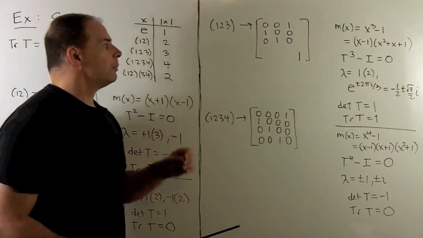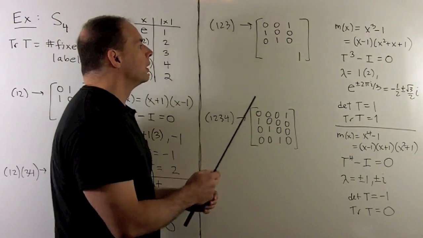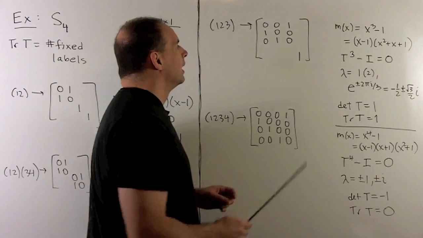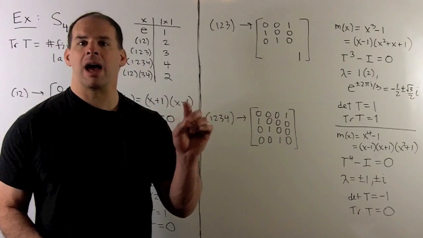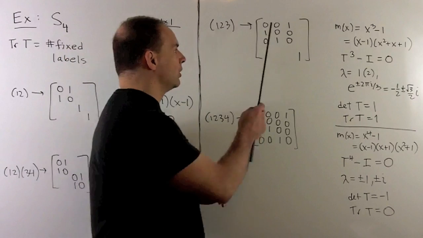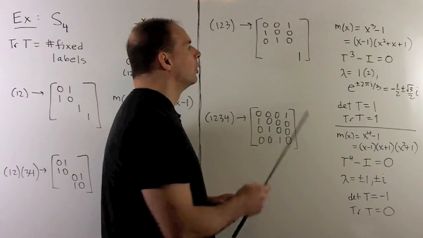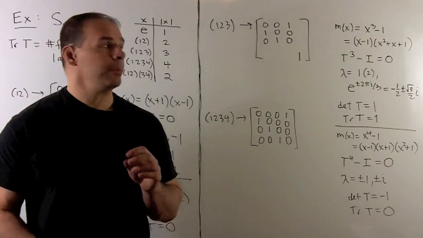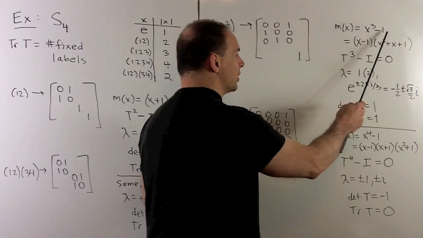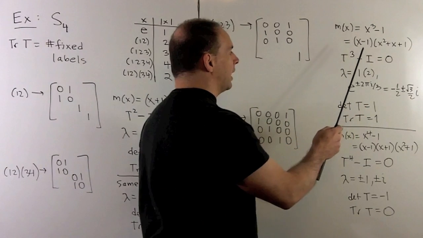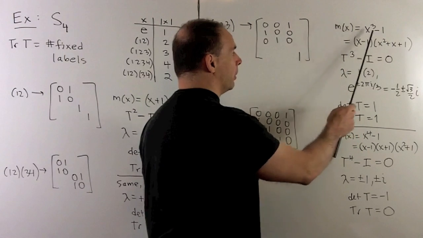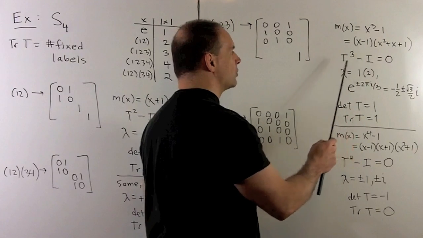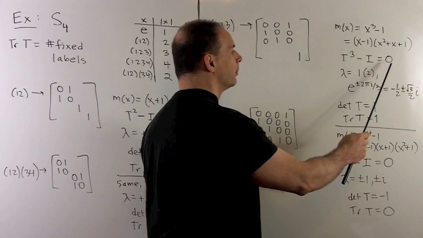For a 3 cycle, try 1, 2, 3. We have the following matrix. The characteristic polynomial is going to be x cubed minus 1 times x minus 1, if we do it in terms of blocks. For the minimal polynomial, we only need x cubed minus 1. Now note we'll have t cubed minus the identity equal to 0 to get our minimal polynomial. And again, that just comes from the order of the element in the group.